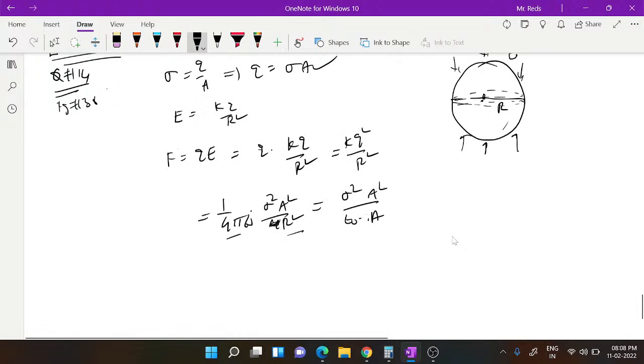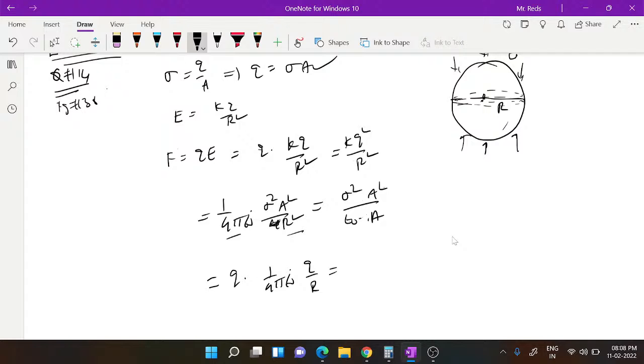Otherwise, can we write it like this? Let us keep Q as it is. K is 1 by 4 pi epsilon naught, into Q by R square.